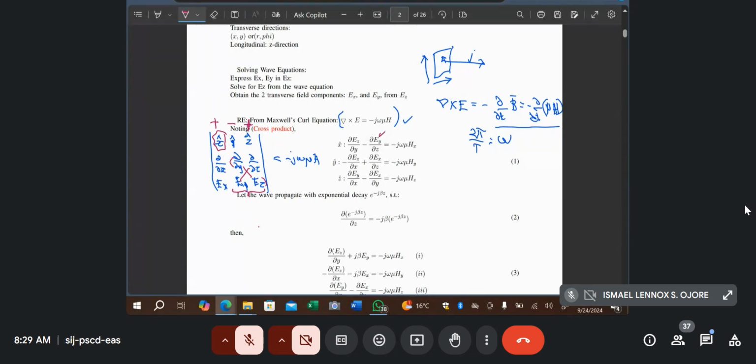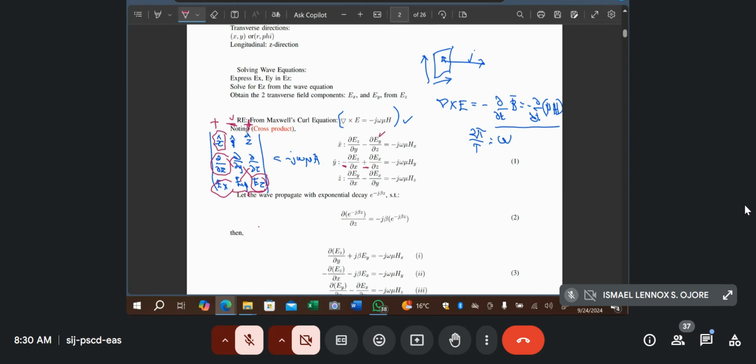Then the y component, we block the y, but we know we have a minus here. So we'll have the leading, d over dx of Ez, minus d over dz of Ex. But remember, we have a minus here, so that's why we have here negative and here is positive.